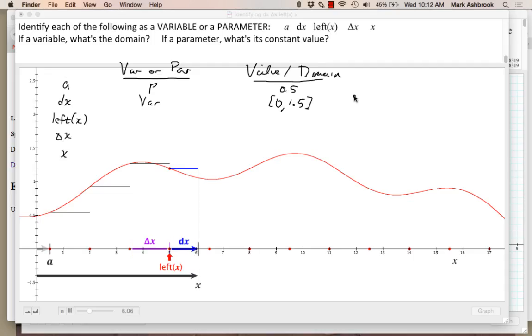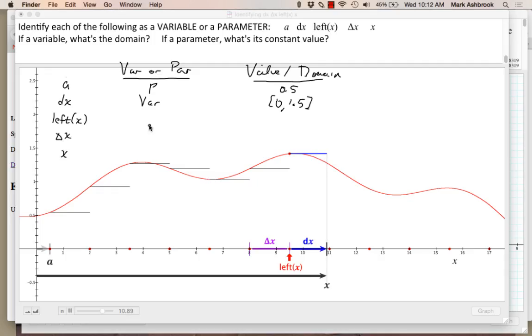How about left x? Adrian, variable or parameter, left x? Is that value changing or staying the same the whole time? I just saw it change. You see?